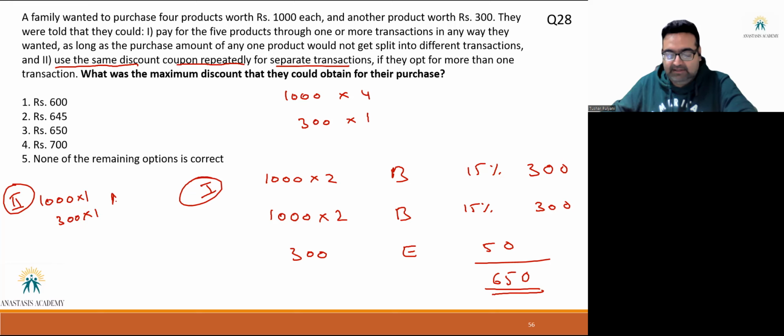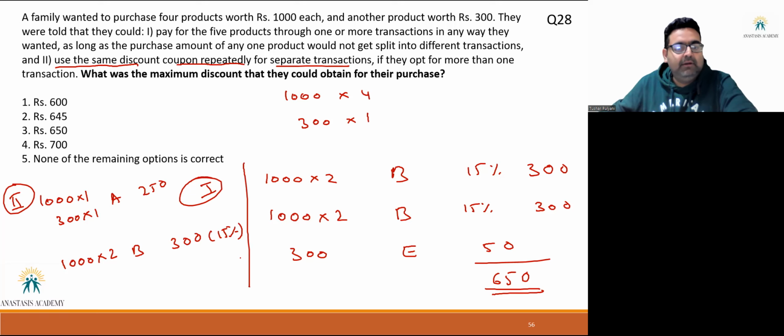At this, I applied A, got a discount of 250, and then a 1000 and 1000 combined billing, applied B, got a discount of 300 because of 15%, right? And for the remaining 1000, I did a billing of 1000, and we can either apply C or D, which was my contention in question 27, get a discount of 100. The answer is still 650.